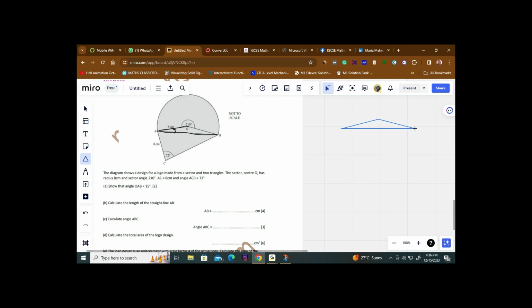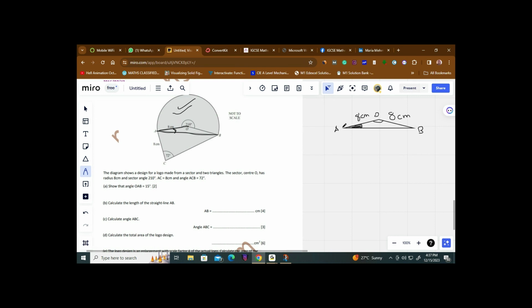This is O. OA and OB are the radii of this major sector, and the radius is always the same. So OA and OB are 8 centimeters. The two sides have the same length, so this is a 100% isosceles triangle, right? If we succeed in finding this angle, we can easily find the required angle.